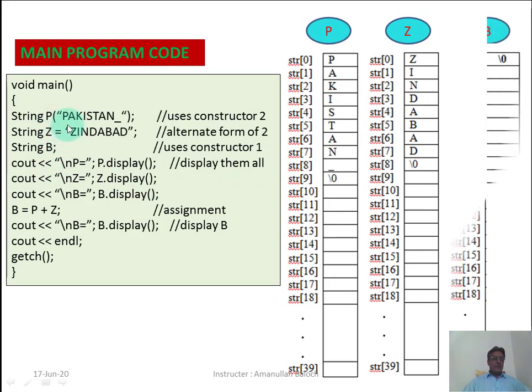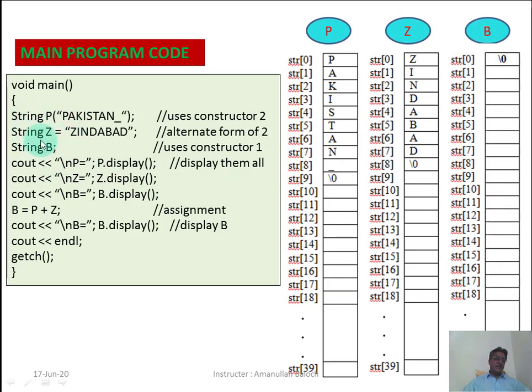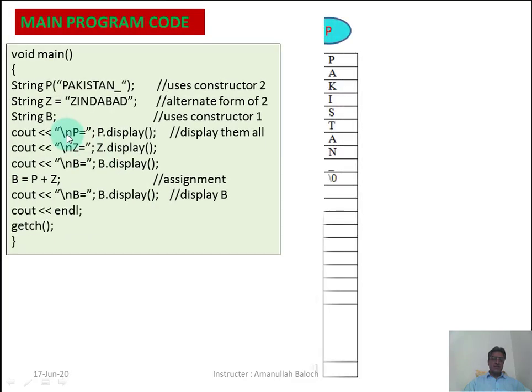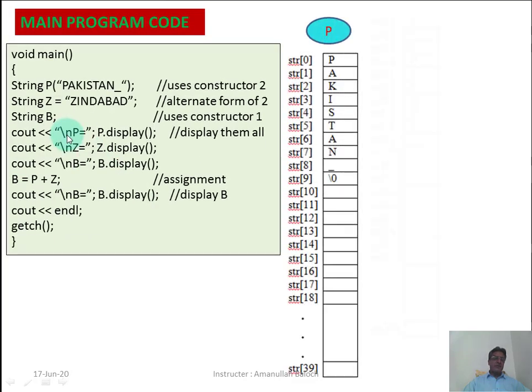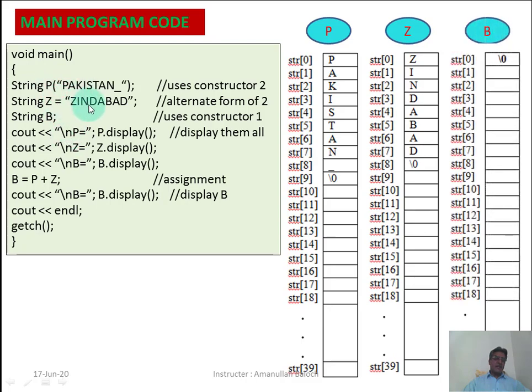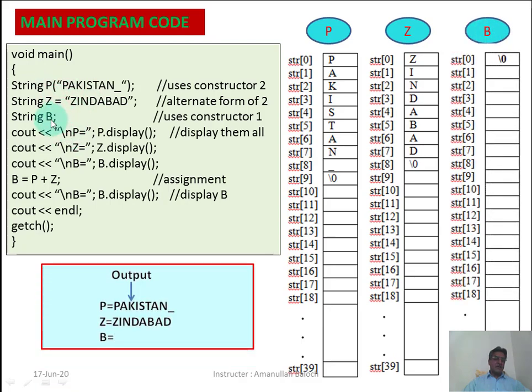After these three instructions, you can see the memory of the objects: P contains Pakistan, Z contains Zindabad, and B contains nothing.